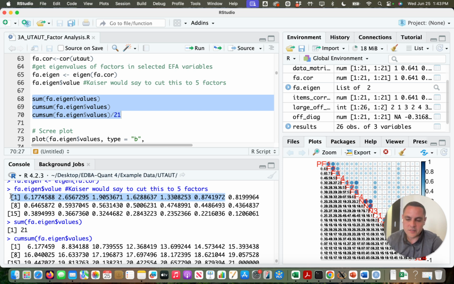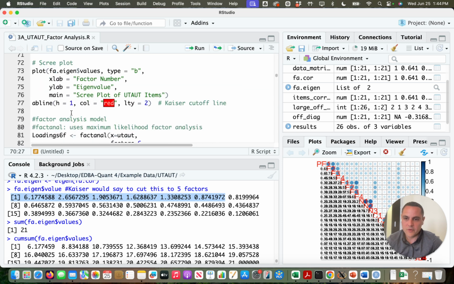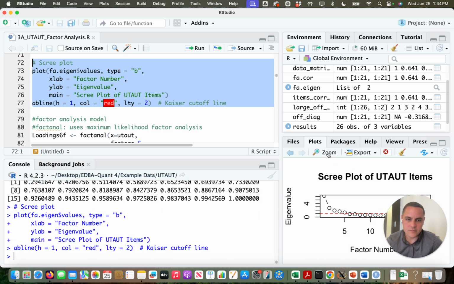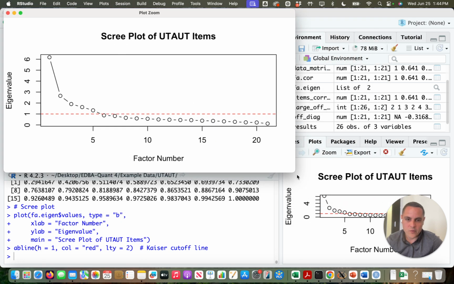In this case, we'll see that, based on the eigenvalue cutoff, it suggests we should stop at 5. But we actually know that there are 6 different factors in there. So I also might look at what's referred to as a scree plot, with a line drawn at 1.